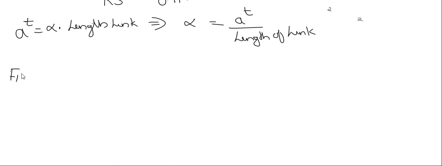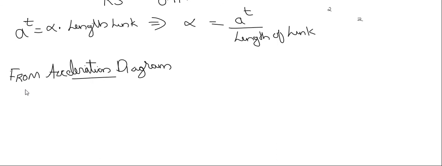So from the acceleration diagram, we will get the results as, alpha, sorry, not alpha, alpha is to be found out, the tangential component of RQ that we mentioned earlier.